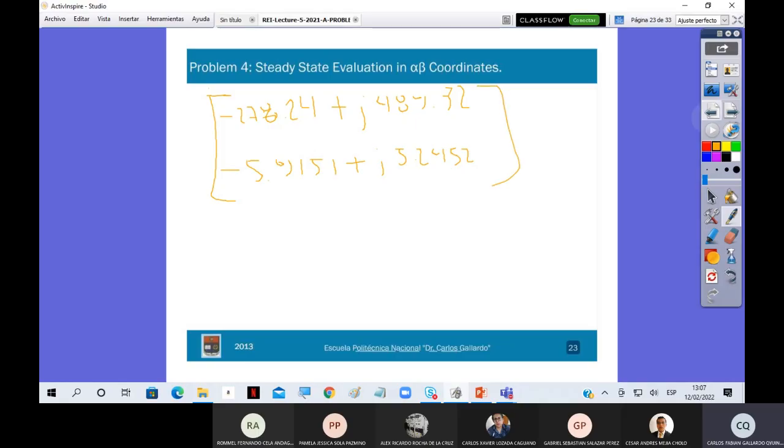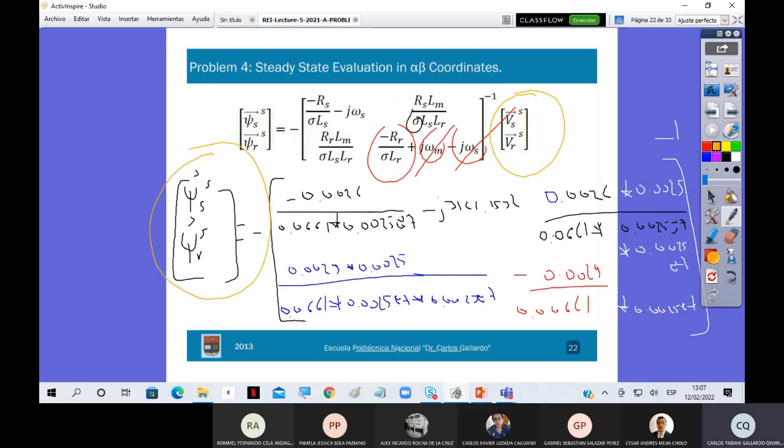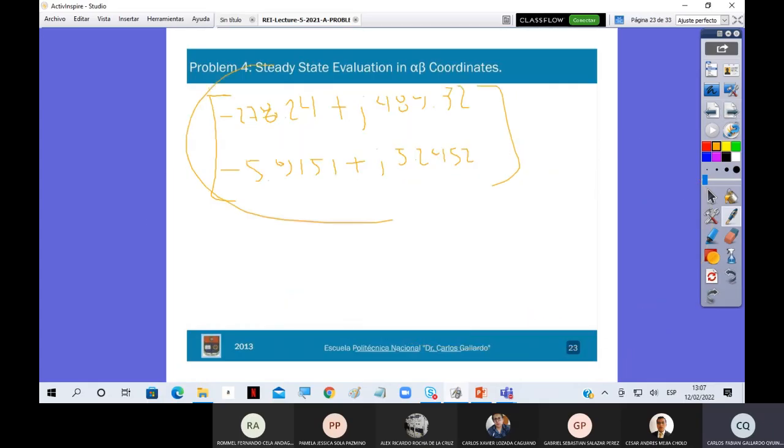Okay, so therefore I will compute this, taking the inverse times this, and I will get the flux. So I will have the stator flux, but pay attention: I have it now in the stator reference frame. The rotor flux space vector is represented in the stator reference frame.